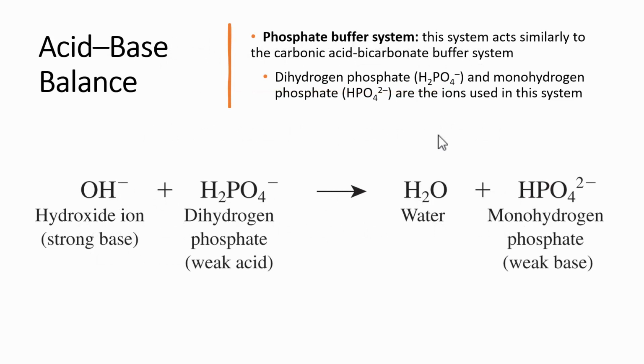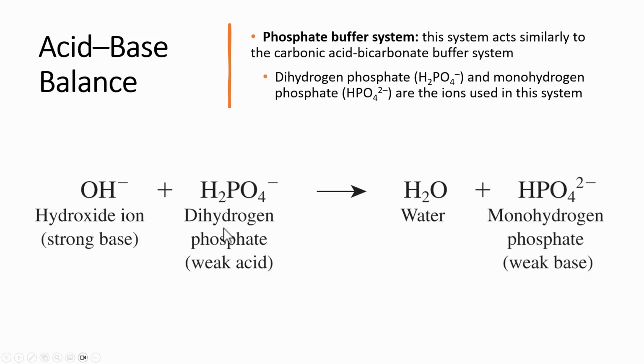Let's take a look at the phosphate buffer system. This system acts similarly to the carbonic acid bicarbonate buffer system, but here we have dihydrogen phosphate and monohydrogen phosphate, and these are the ions that are going to be used in this system. So here we have a hydroxide ion, which is a strong base.